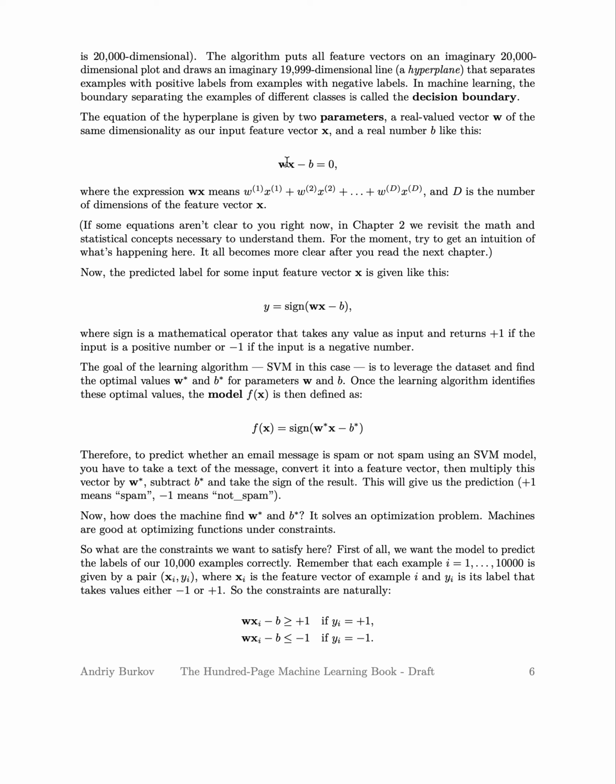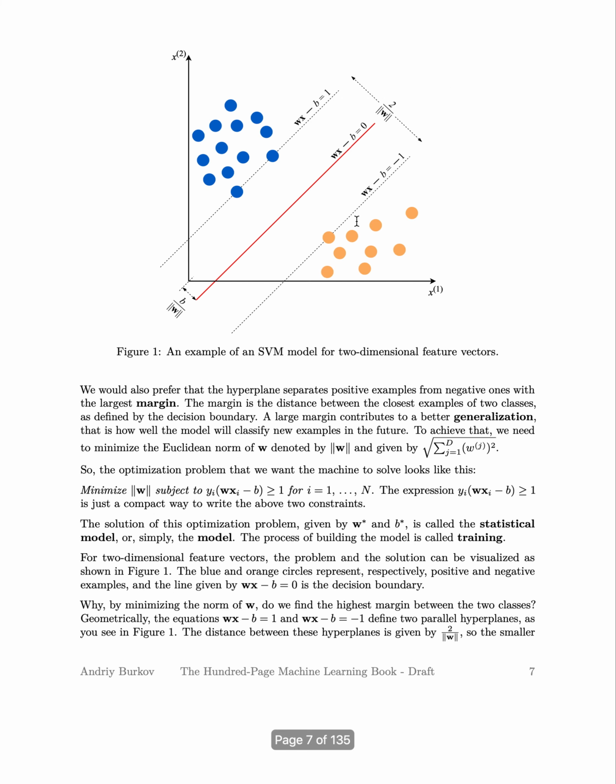Now I know this may sound scary, so let me go back to someplace easy. For example, in this case we have two variables, x2 and x1. x1 is our feature vector which we will be using to predict x2, and this red line is our decision boundary.